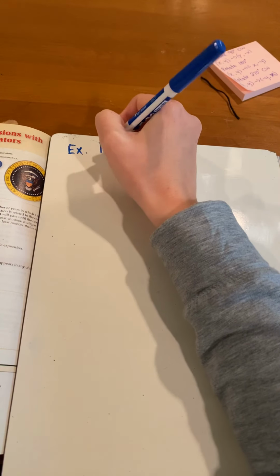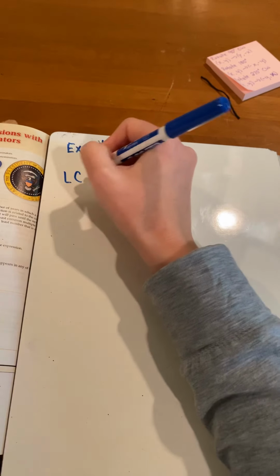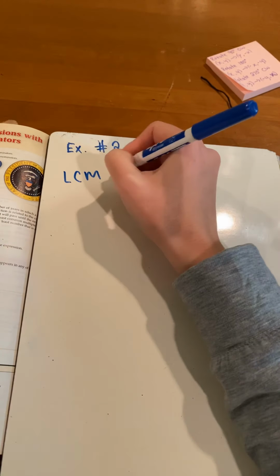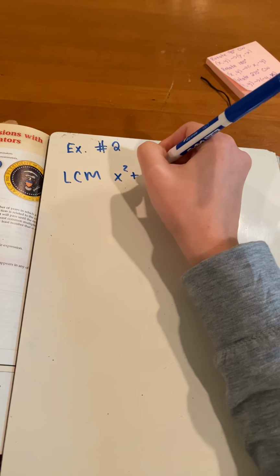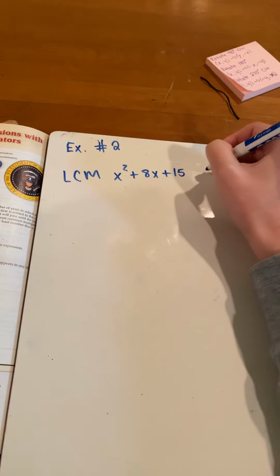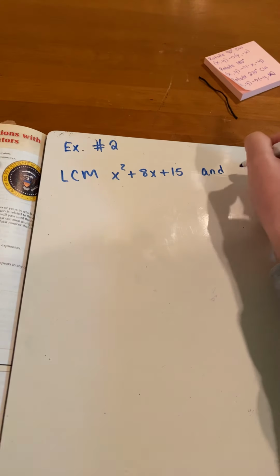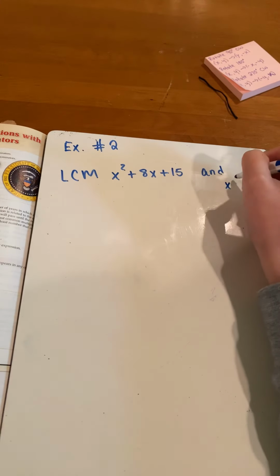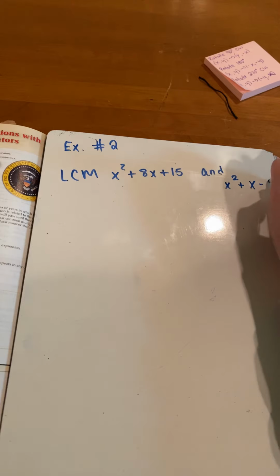Shocker there. So example number 2, we're trying to find the least common multiple between x squared plus 8x plus 15 and x squared plus x minus 6.